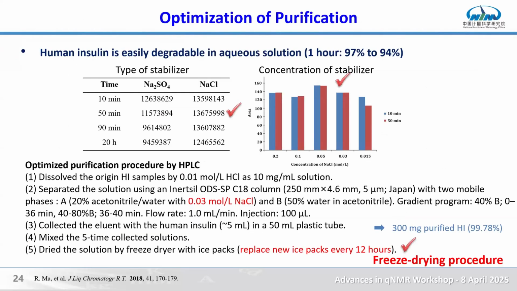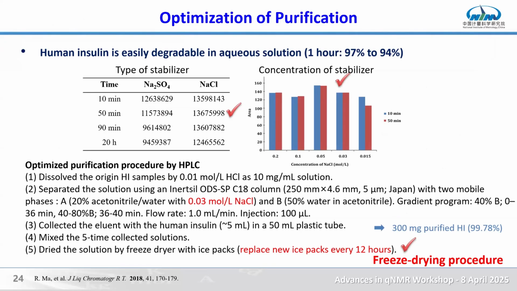For detail of the first step, purification: there is a common issue in protein purification that the samples easily degrade and are poor in stability. So in this work, the stabilizer, the suitable HPLC parameters, and the freeze drying procedures were optimized.